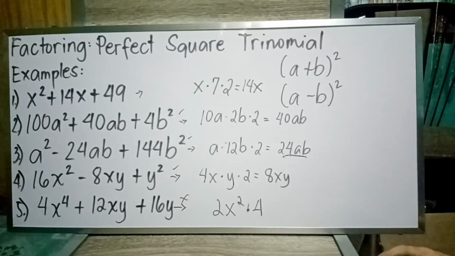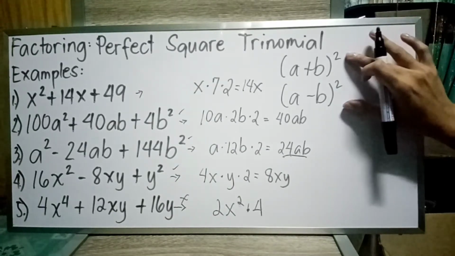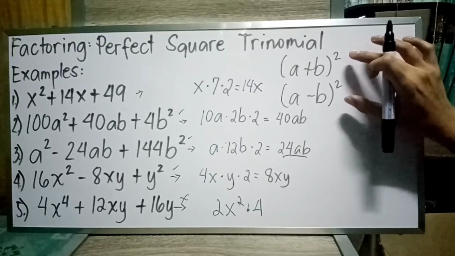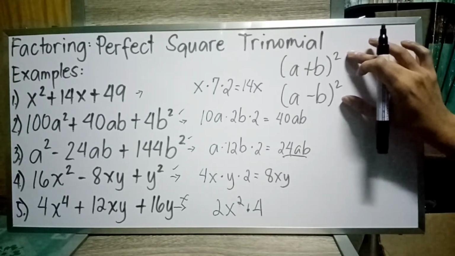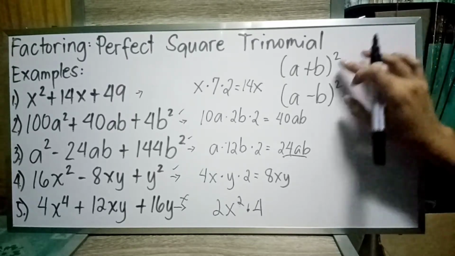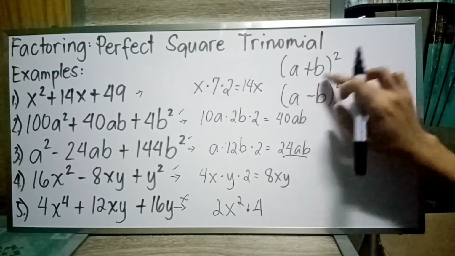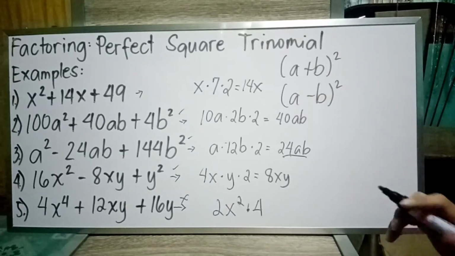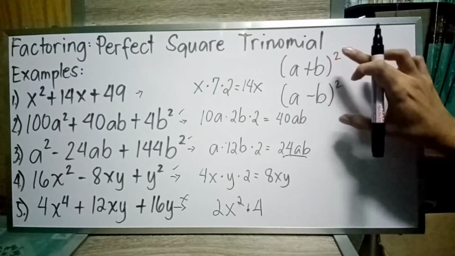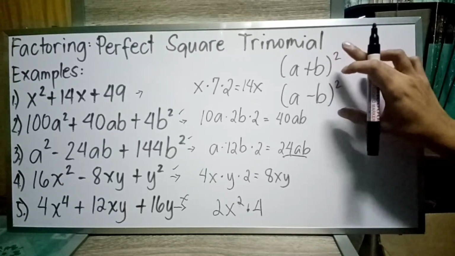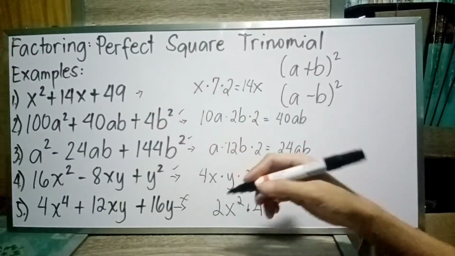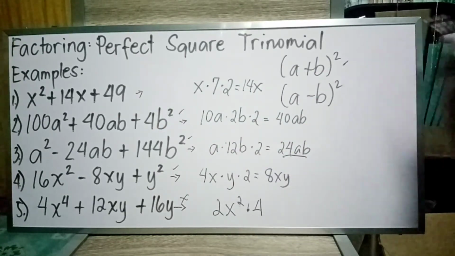Okay, now this one, I told you a while ago that this is the factored form of the perfect square trinomial, but there are different forms, (a plus b) squared and (a minus b) squared. What is the difference between the two? It's something in the middle term. If the middle term is positive, we're going to use this.